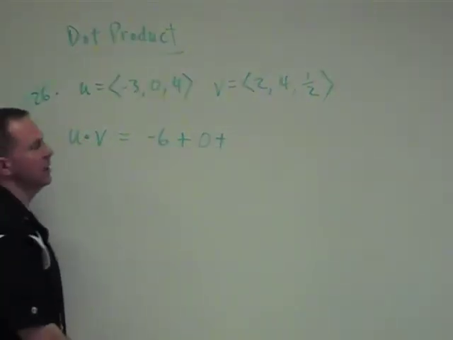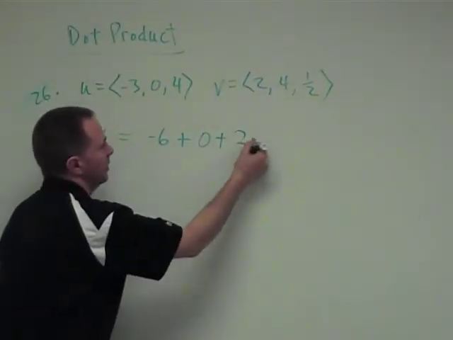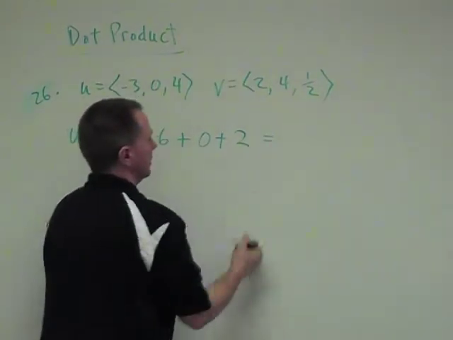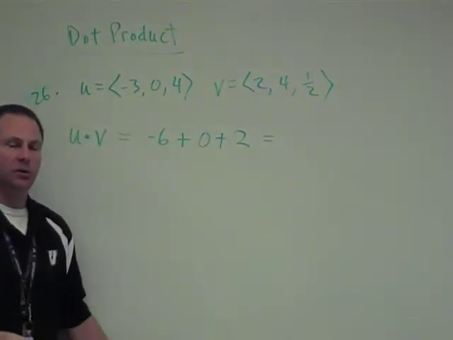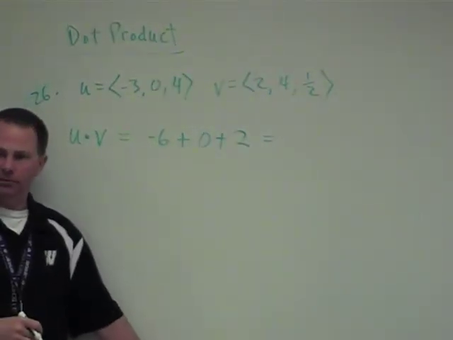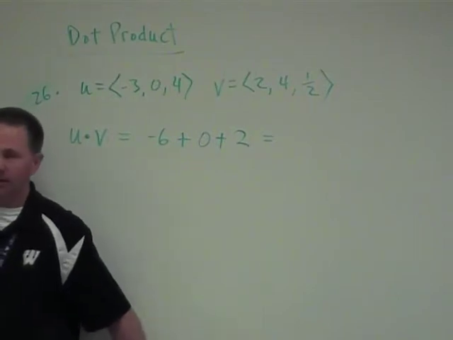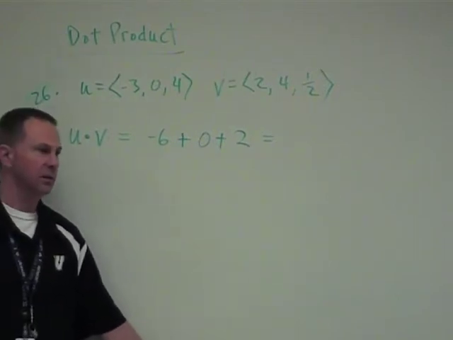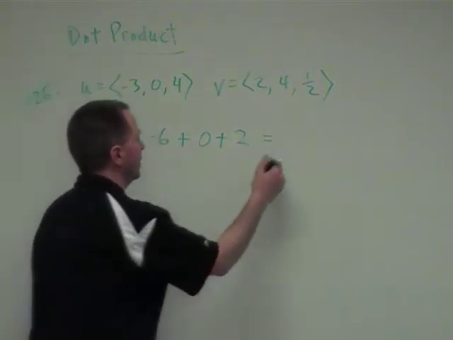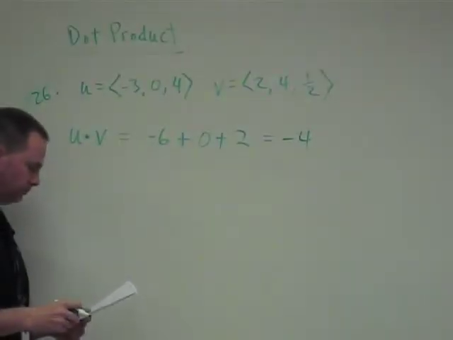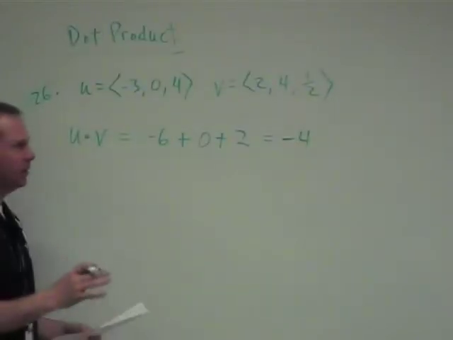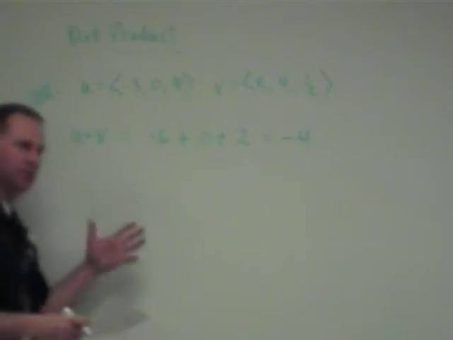And add the next multiplication entry. 4 times 1/2 is 2. So the dot product is a value. Your magnitude is a value. When you're doing just operations like this, you're going to get a vector. So dot product gives me a value, this one, negative 4. Shouldn't have to do a lot of examples because you've already done this.